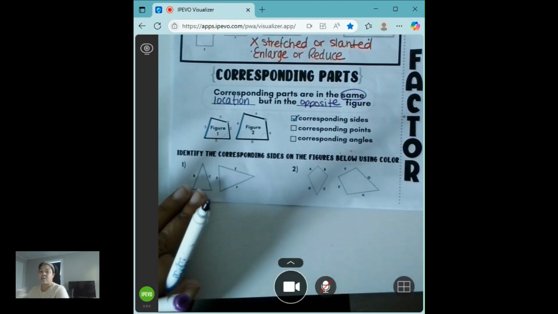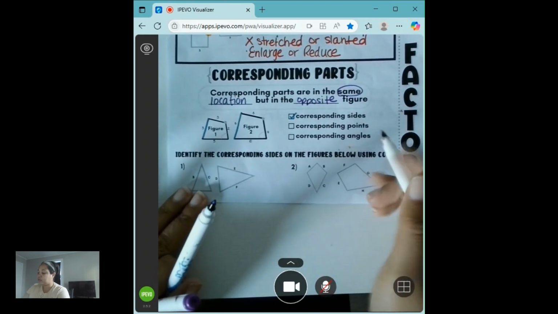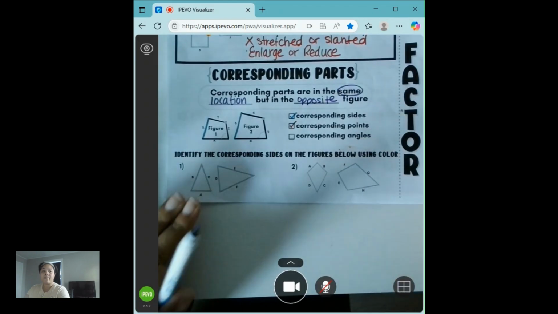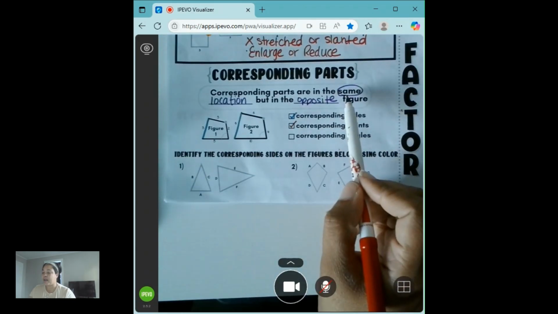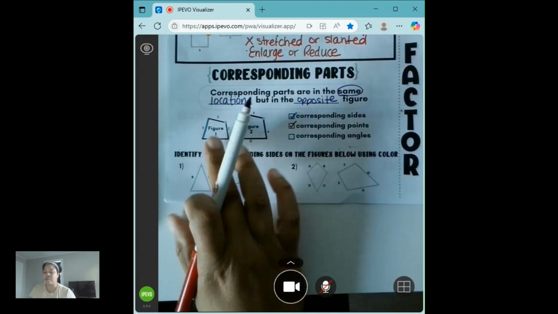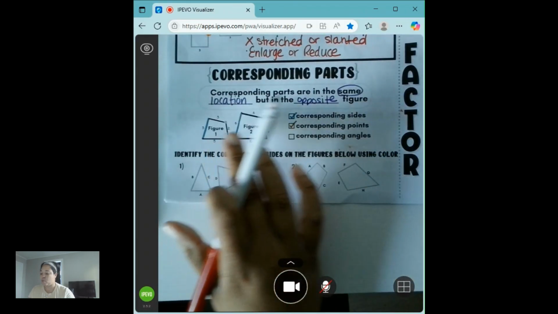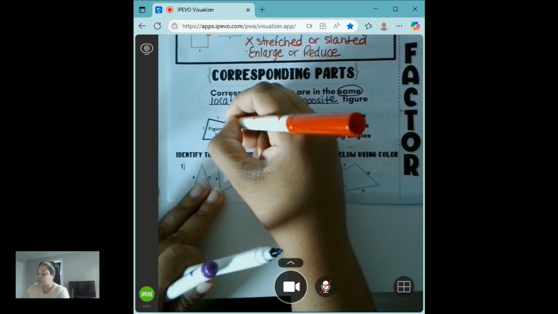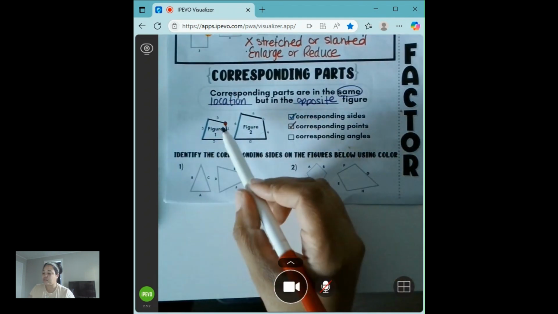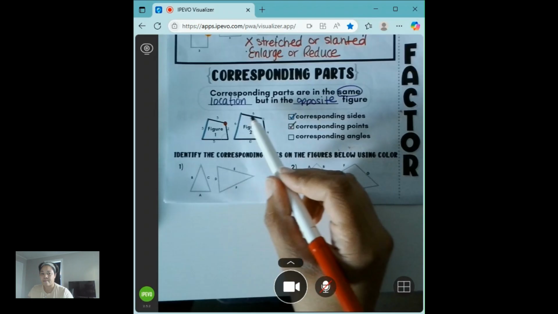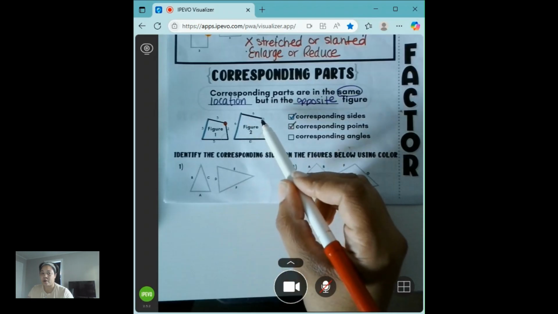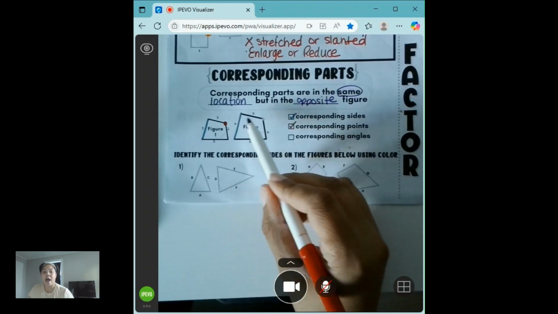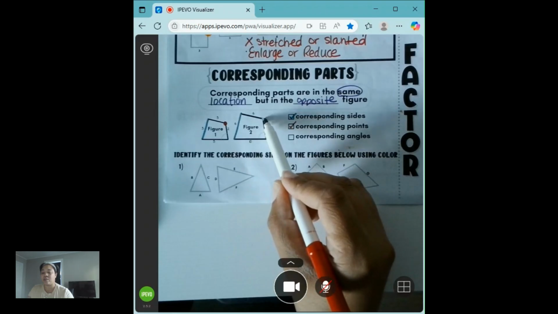Another way to find your corresponding parts, if I wanted to label it, is typically your points. Remember, with points and side lengths, they need to be in the same location. If I was to take this shape and place it over a point, for instance, let's use this point, if I was to place this shape over this figure, this point will lay right on top of the same exact position as this one.